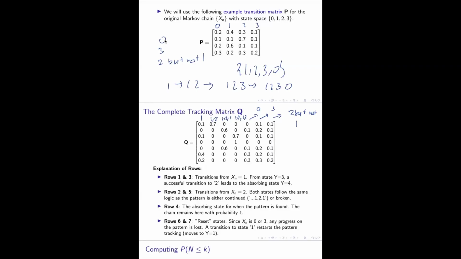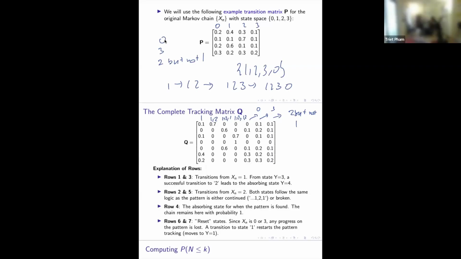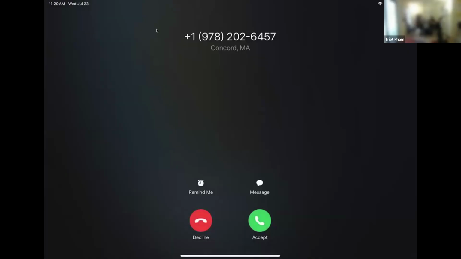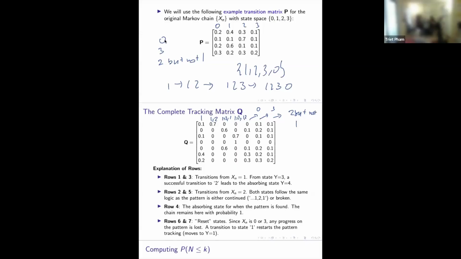The reason is, how do you move from no pattern to 1? That's exactly the thing. And no pattern moving to 1 depends on your memory on where you are. So no, you cannot. The issue of memory is that you cannot.